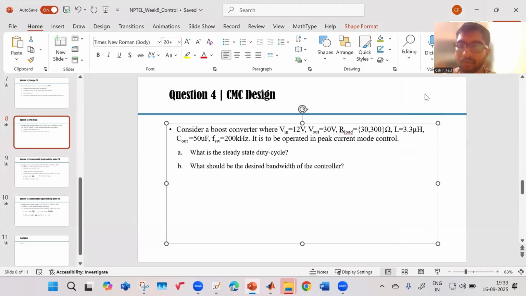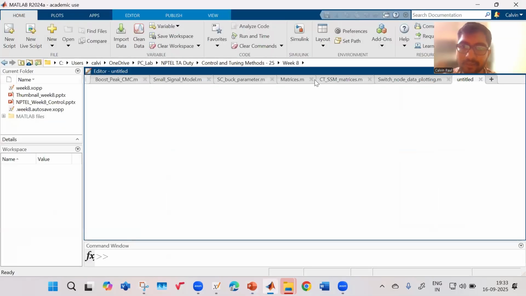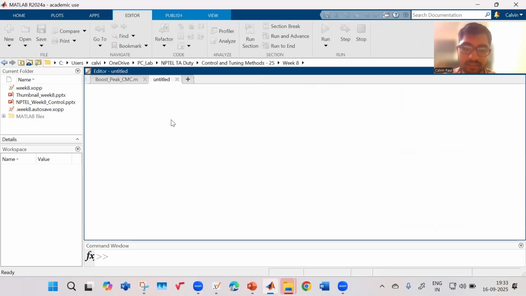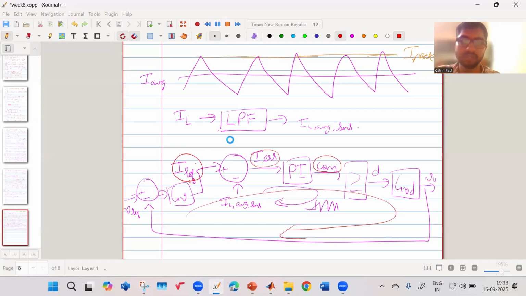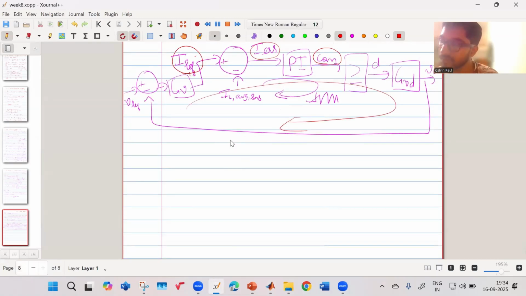Why is it so slow? Just hold on. It's very slow. Let us just use this pen and paper approach. It's taking lots of time. So question 6 is we want to find the bandwidth, right? They have told R can change between 30 to 300 ohm.